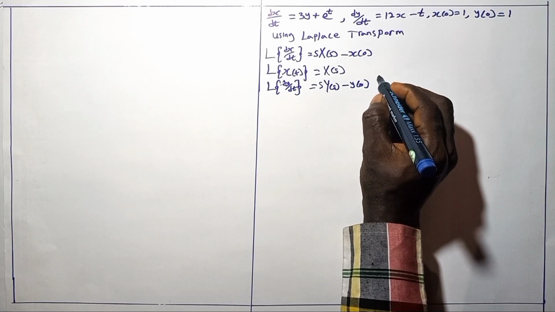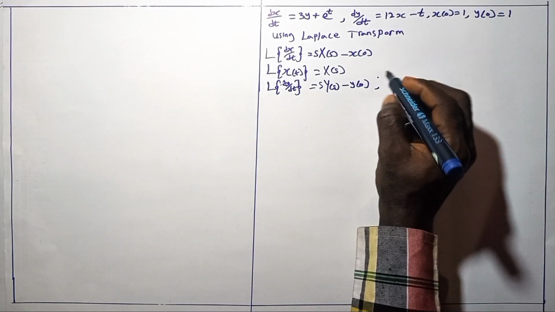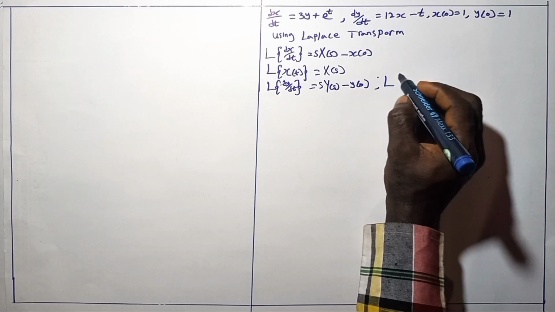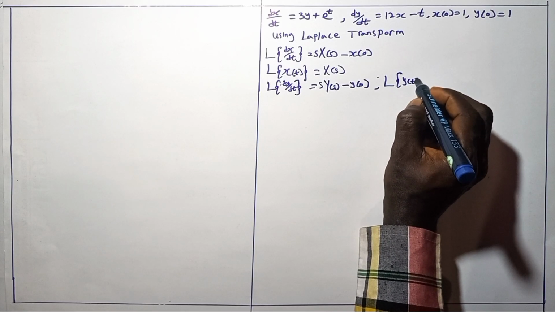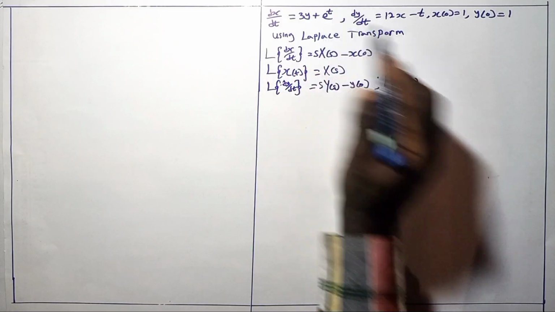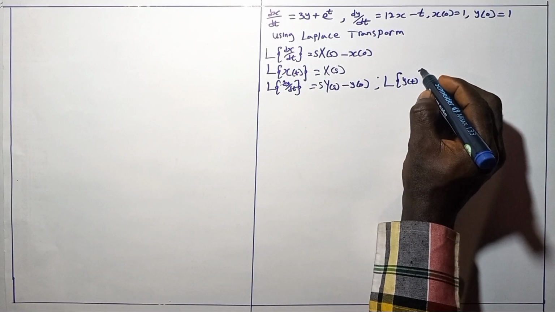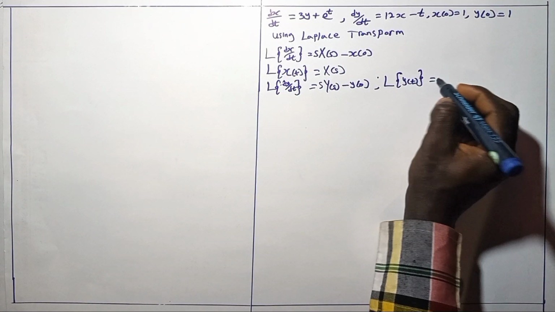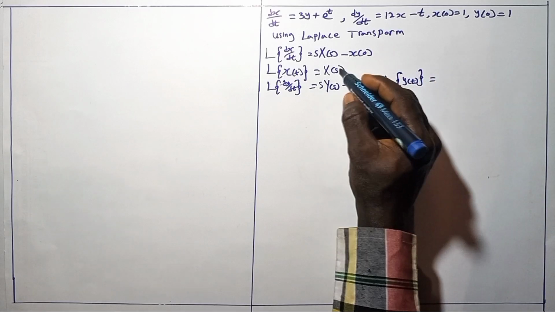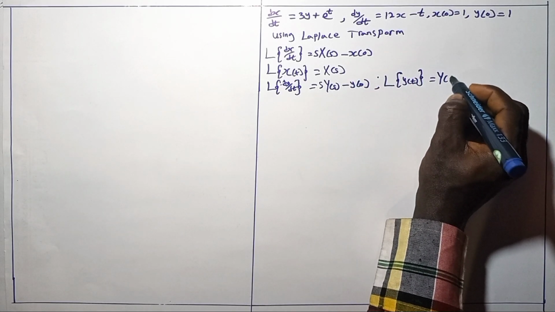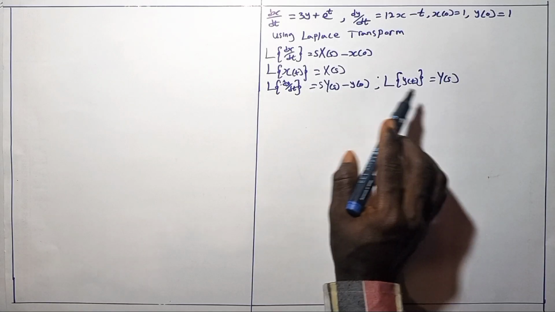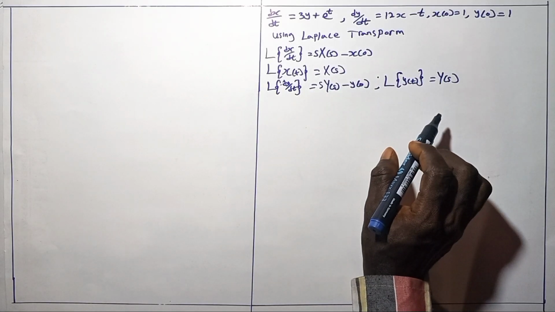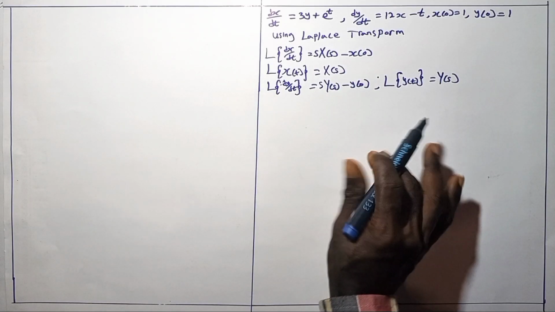Then when you take Laplace of y(t), that is, this y is a function of time, we're going to get Y(s) instead. So these four ideas will be very useful going forward in this solution.